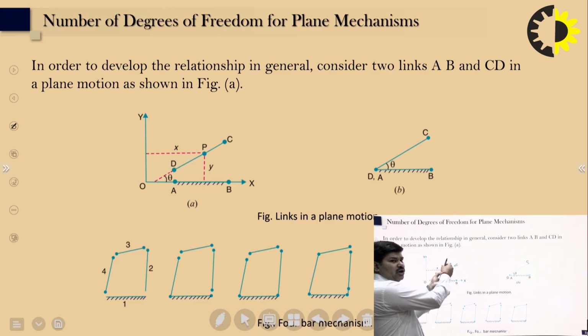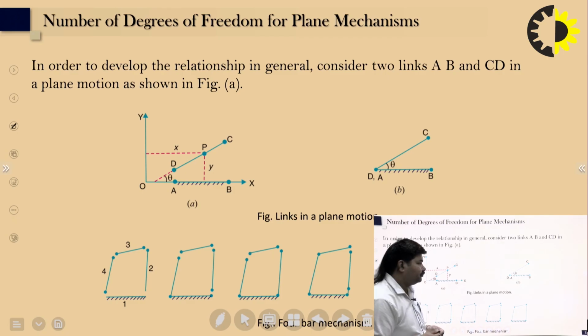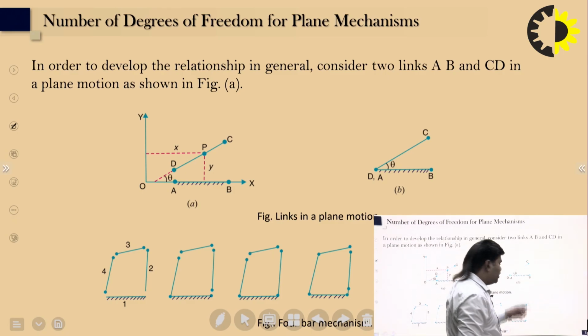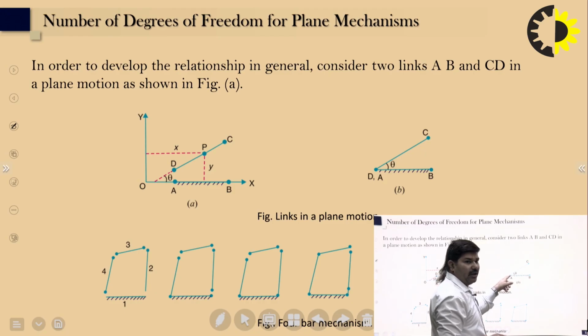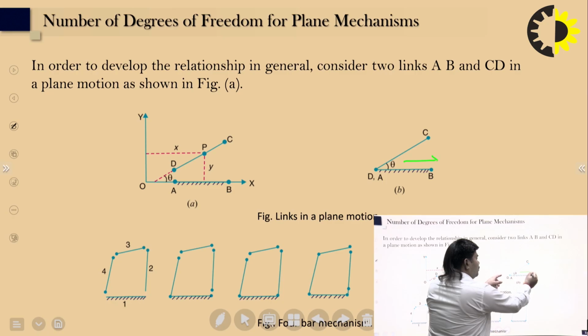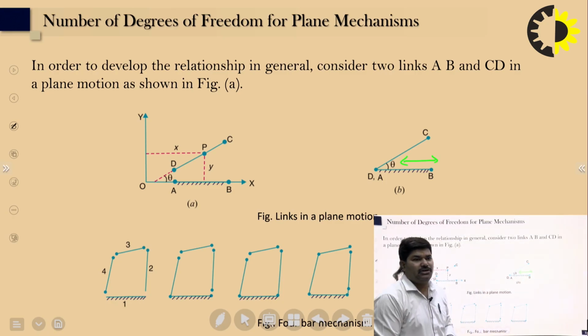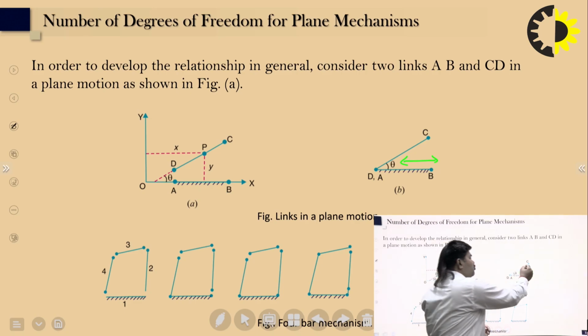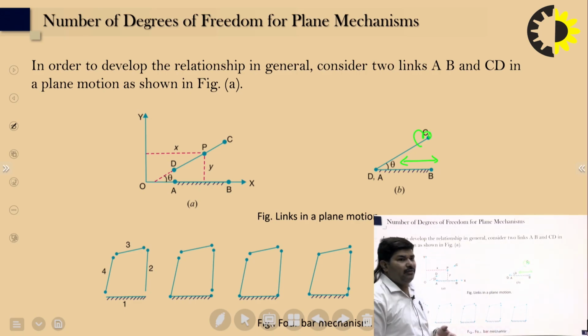A rotary motion may be possible, and a translatory motion may be possible. Since it is joined at point A, the translatory motion is lost. Only the rotary motion is possible.